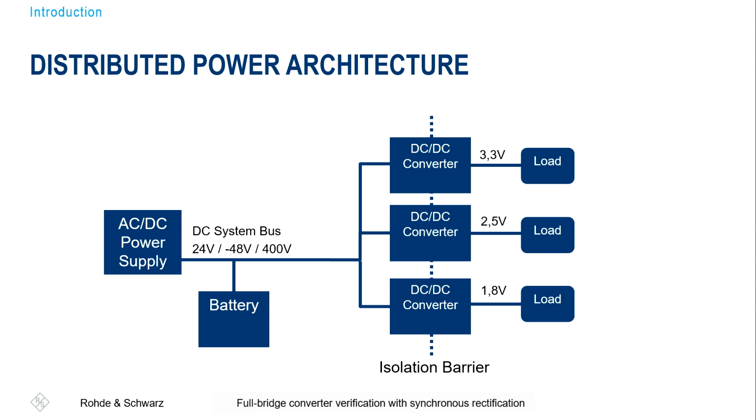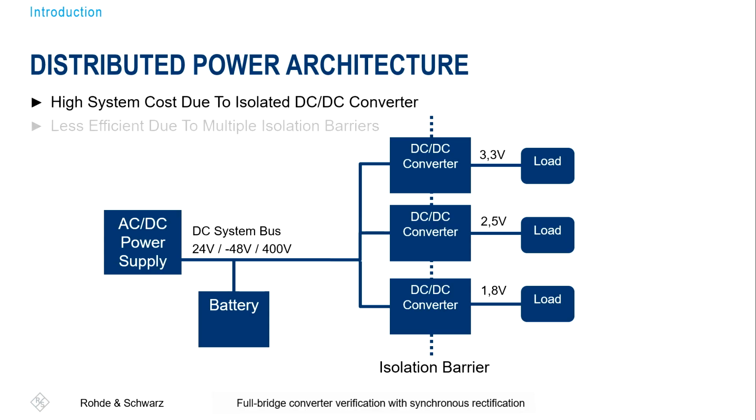And this DC system bus supplies multiple DC-DC converters, where we have basically an isolation barrier in each DC-DC converter. And then we have here at the output the different voltages, where we supply basically the digital circuits.